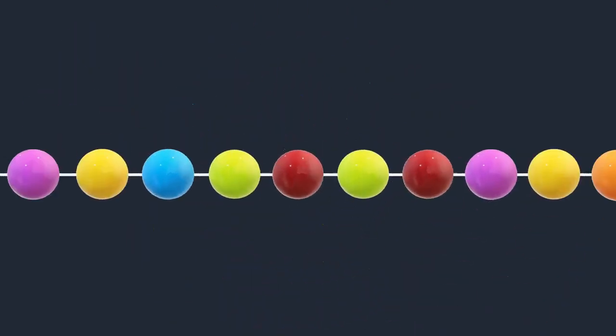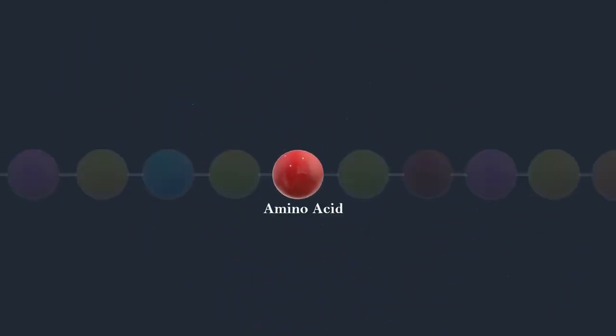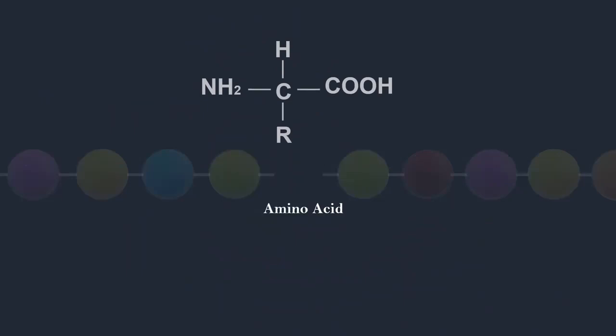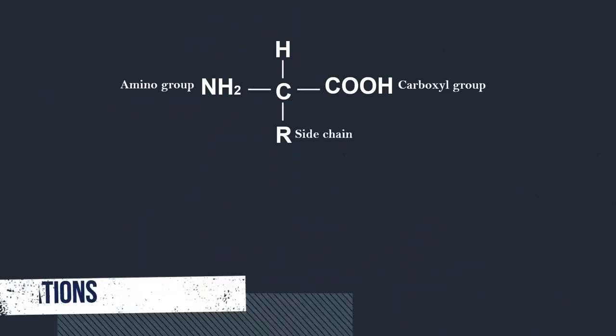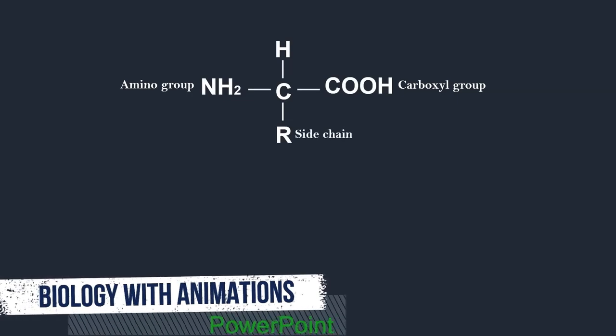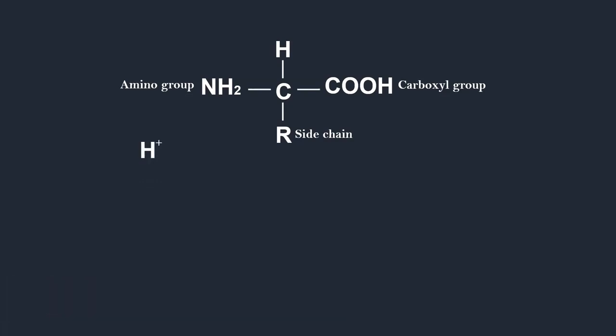Depending on the pH of their environment, the amino group can be protonated and become positively charged. The carboxyl group can be deprotonated and become negatively charged. And the side chain of some amino acids can become positively or negatively charged due to the gain or loss of protons. So, the net charge on the molecule can be positive, neutral, or negative.